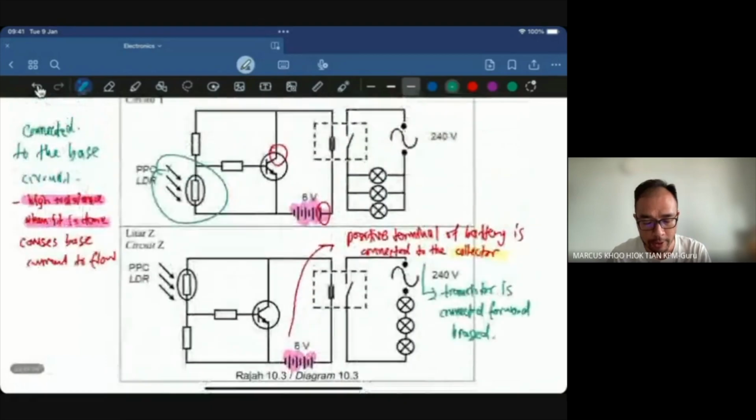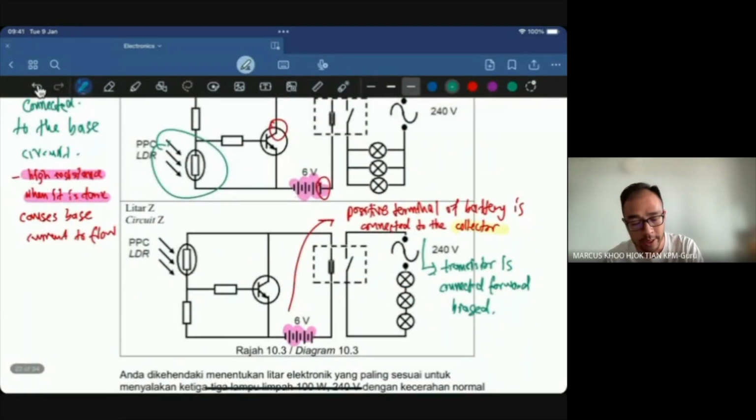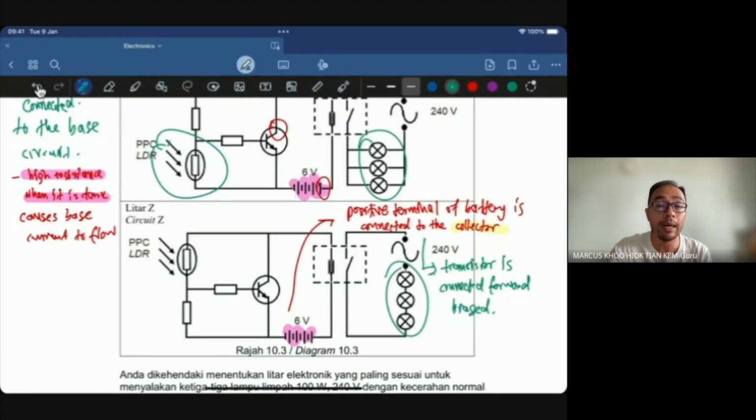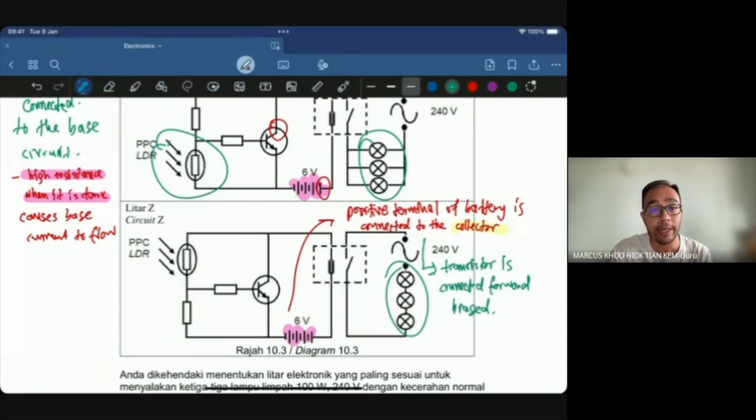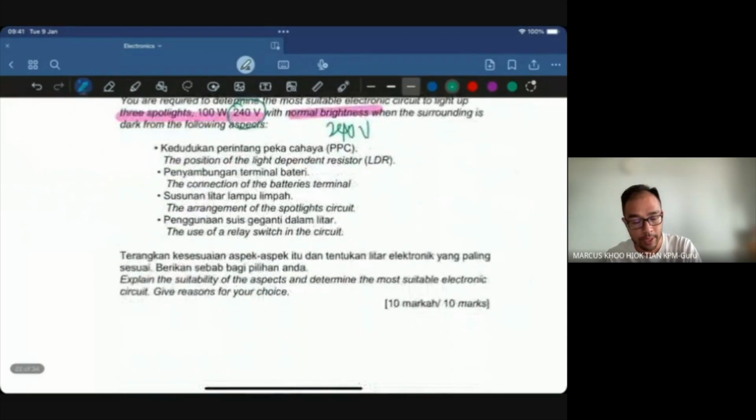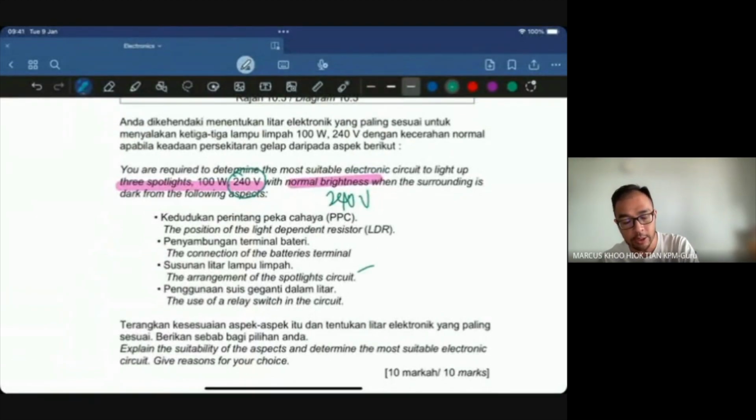The arrangement of the spotlights in the circuit. There are only 2 kinds of arrangement, which are parallel and in series. Obviously we want it in parallel. So the arrangement of the spotlights in the circuit should be in parallel.